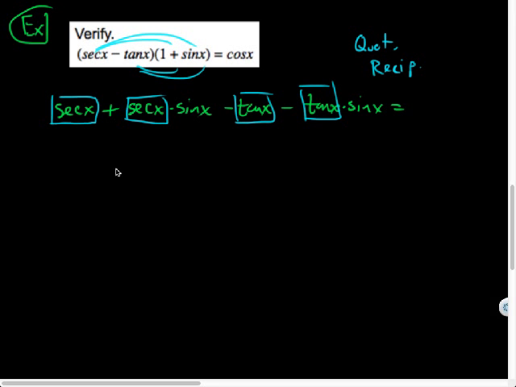And hopefully we're getting pretty familiar with these. So this would be the 1 over cos. Wait a minute. Well, secant x is 1 over cos and I'm multiplying by sine x.